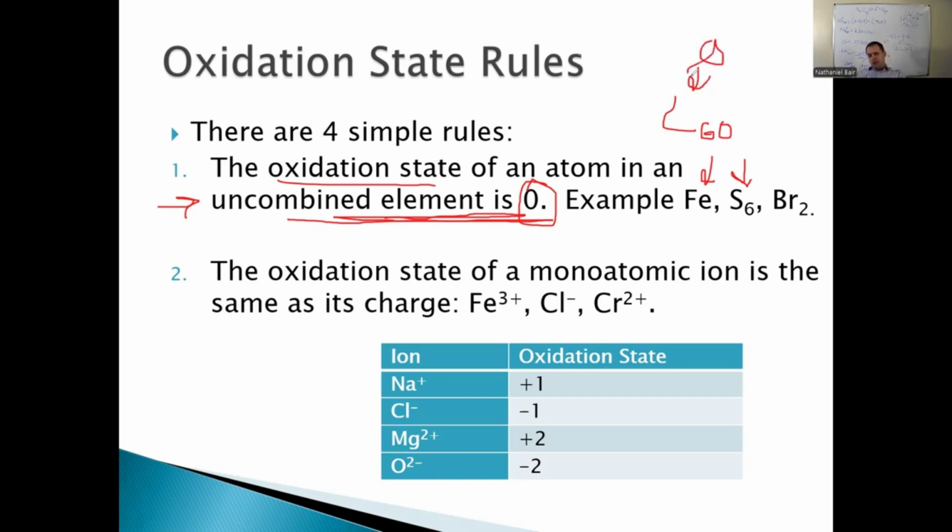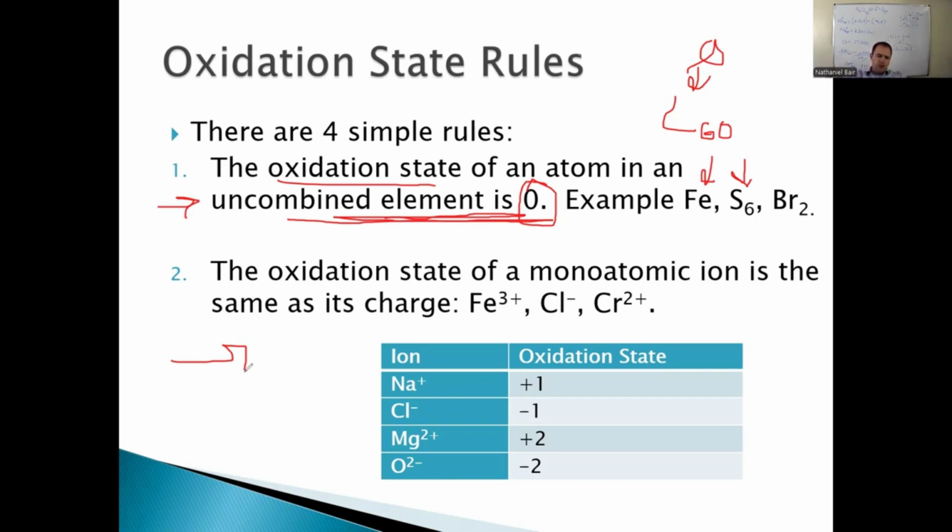So pure elements have an oxidation state of 0. And then the next rule is super easy. If you have an ionic compound, the charge of the ion is its oxidation state.